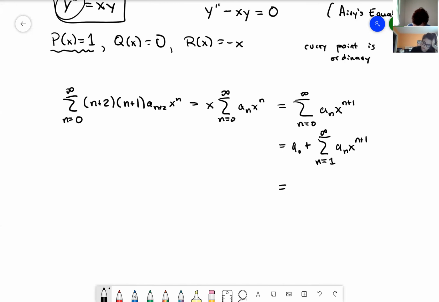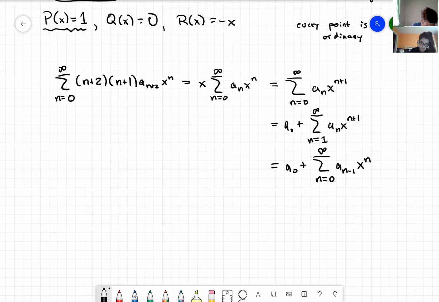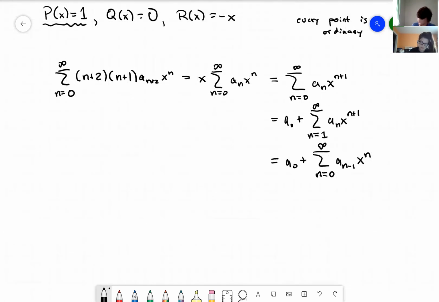And now rewriting this, a0 plus, now we'll start from 0, and what we'll have is a n minus 1 x to the n. So we'll have some a0 floating out here on one side.